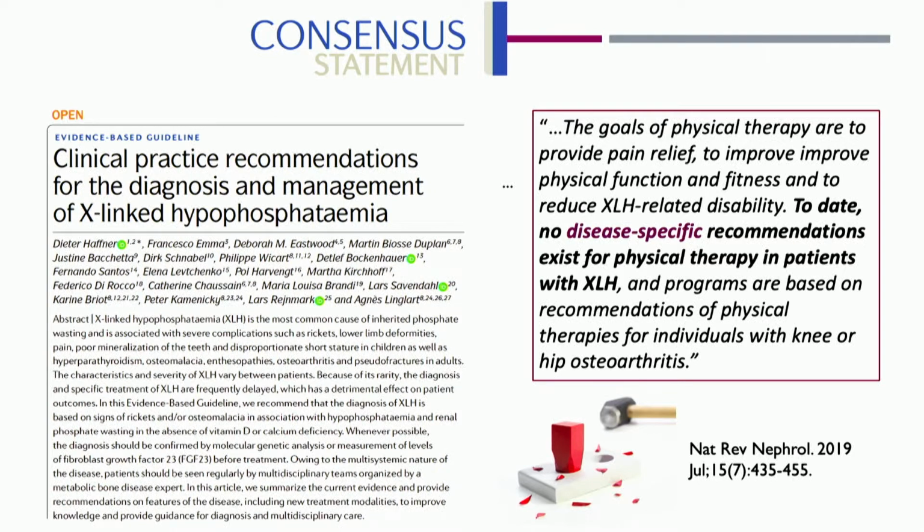So that's been really difficult in the patient population, for a number of reasons. Again, there are no disease-specific recommendations. Also, physical therapists are hesitant to work with patients because they have significant osteomalacia and really don't know how to deal with these individuals.